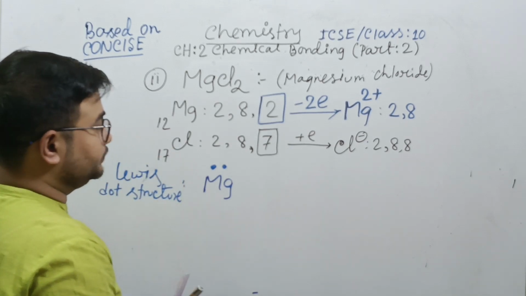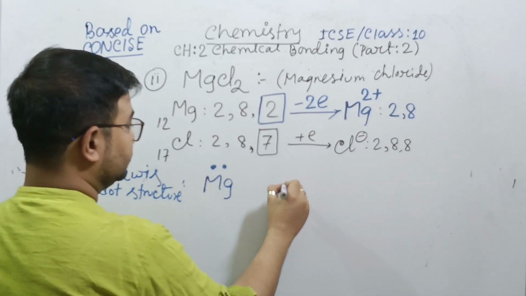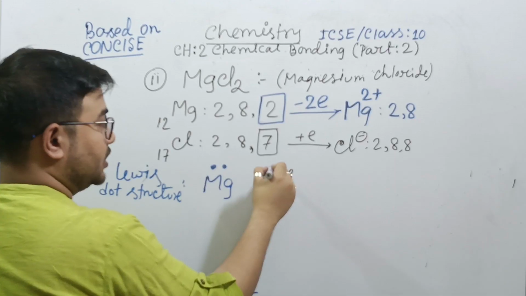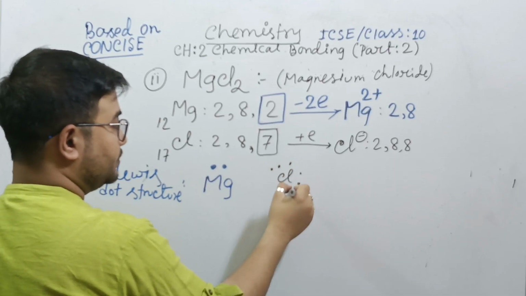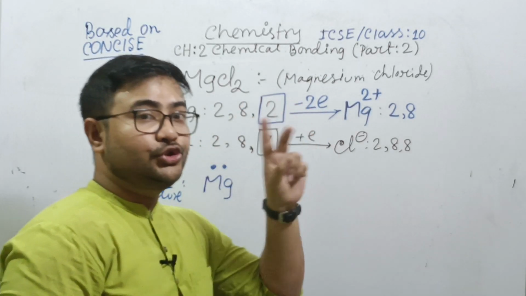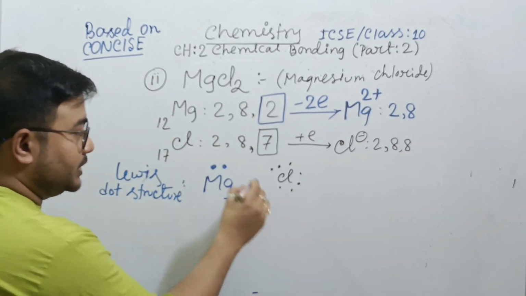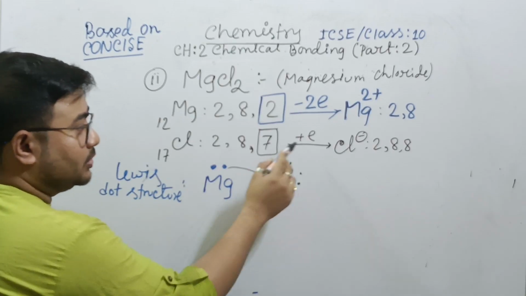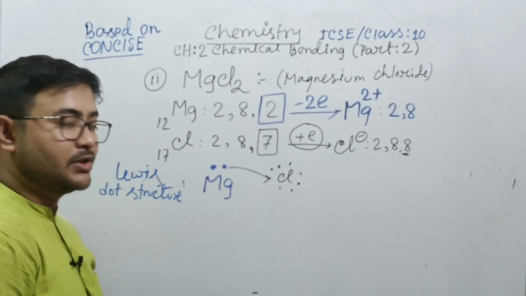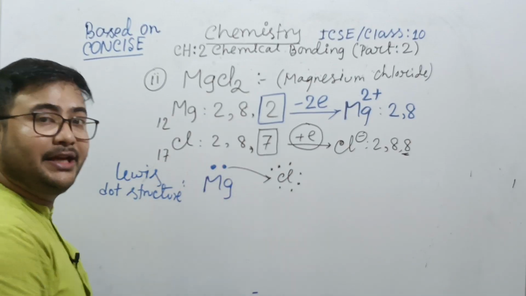How many electrons in the last shell? 7, so 1, 2, 3, 4, 5, 6, 7. So here magnesium loses 2 electrons, but chlorine accepts only 1, because after accepting 1 electron it has a complete octet. So what about the other electron?